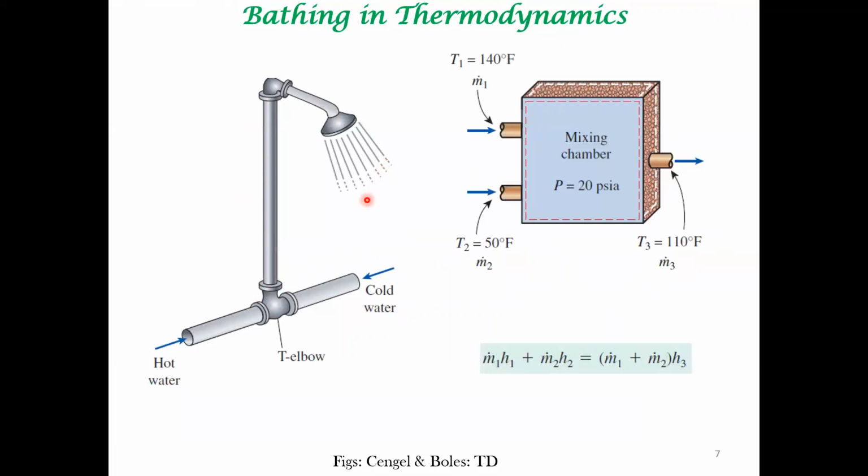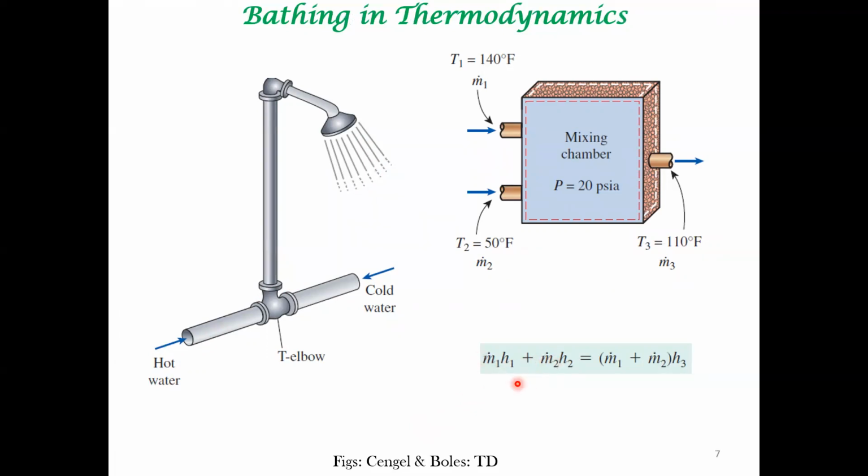So how do you keep track of the enthalpy balance? What you try to do can be different depending upon the temperature you want. There can be different mass flow rates of hot and cold water.